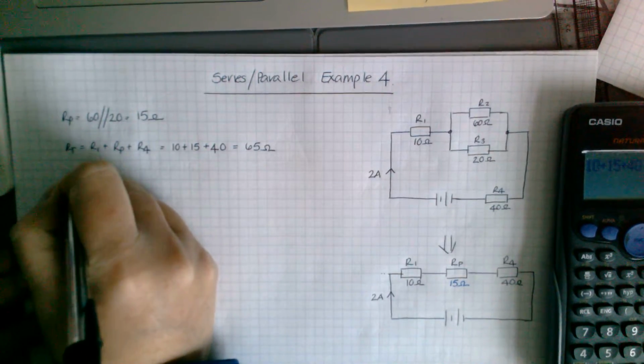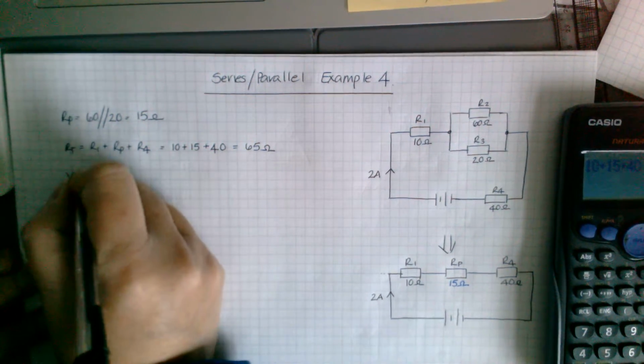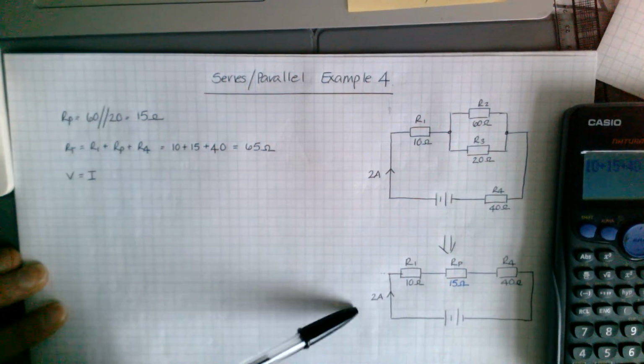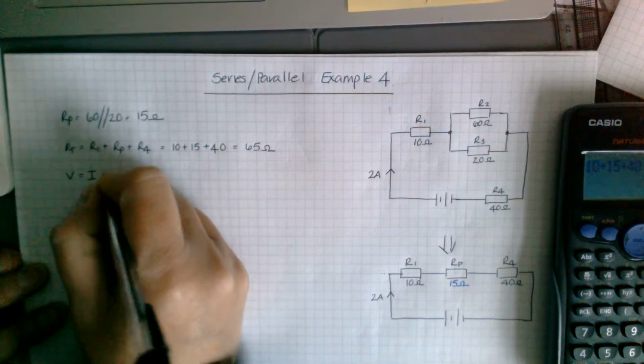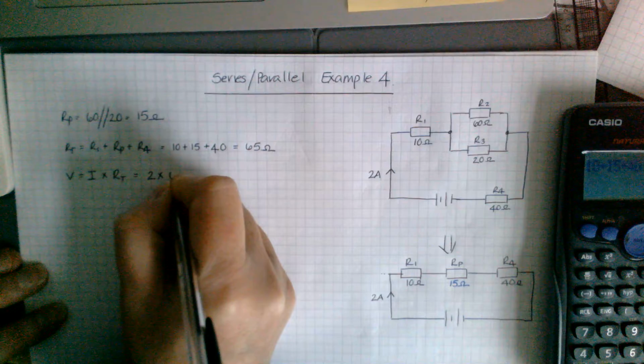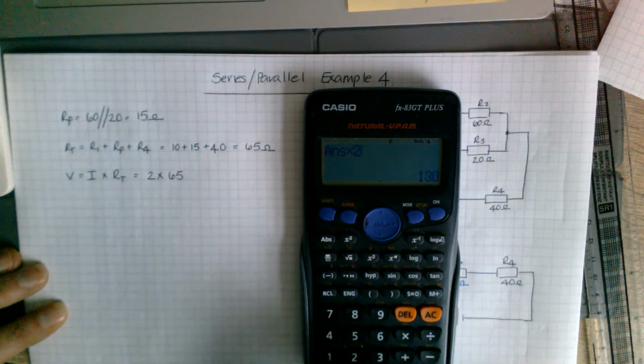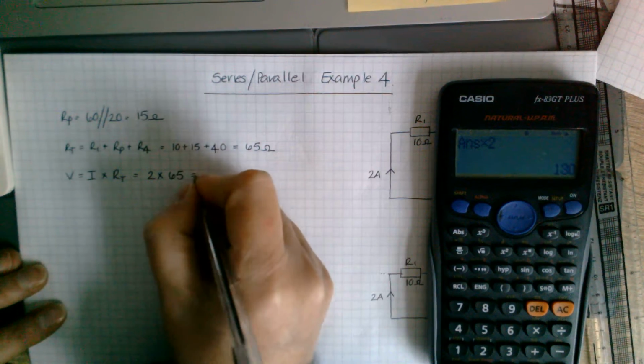And then to get our supply voltage, so the voltage for all the circuit, you use all the current, that value there 2, times all the resistance. So it's going to be 2 times 65. Gets you 130 volts.